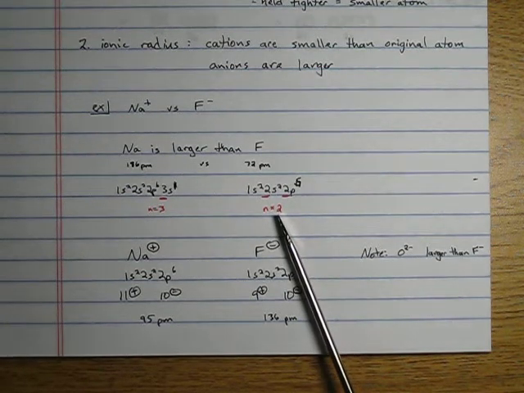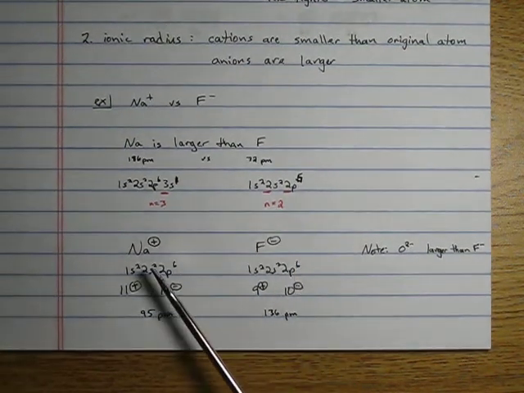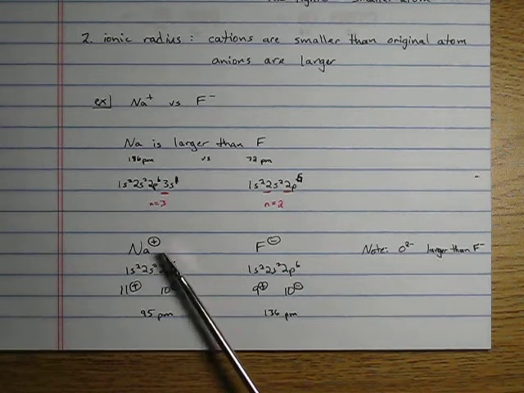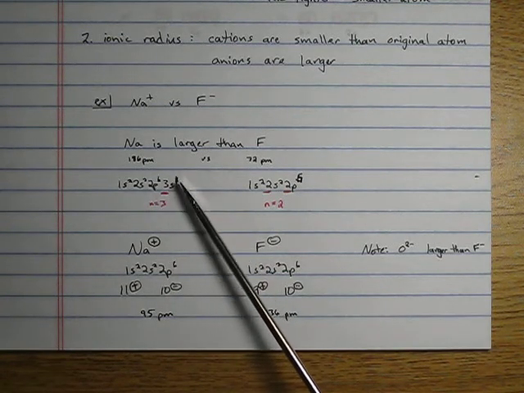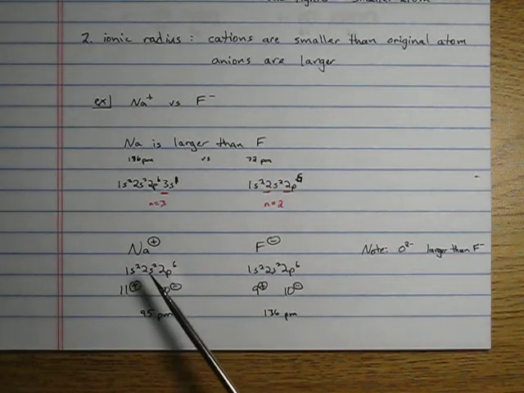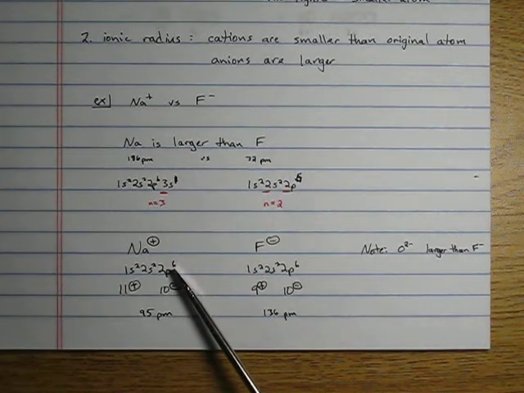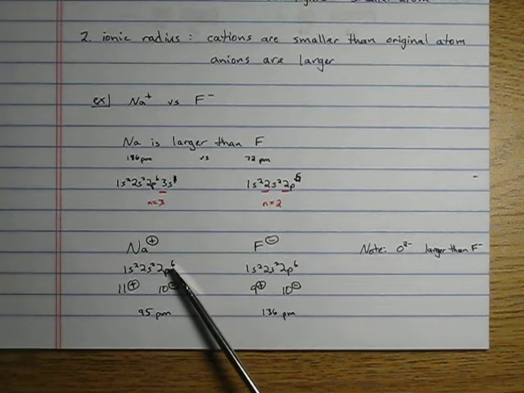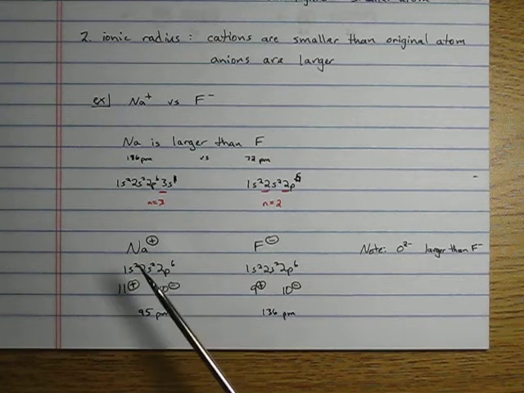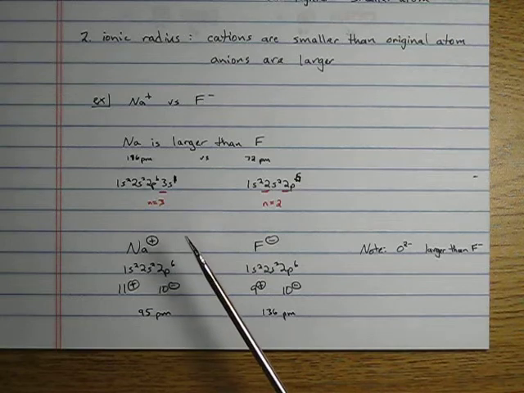But look what happens when we take away that electron. What happens when we take away this 3s1 electron? Well, we're left with sodium as 1s2, 2s2, 2p6, the same electron configuration as neon. So Na plus is isoelectronic with neon.